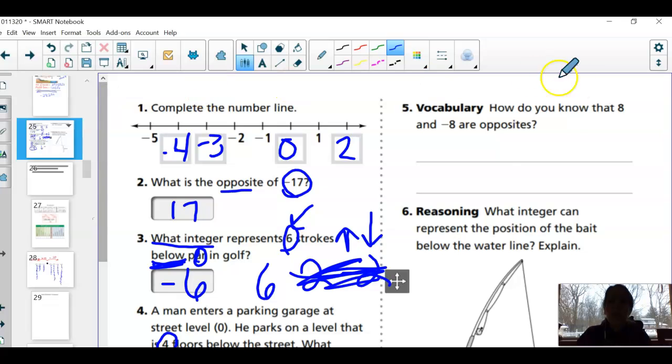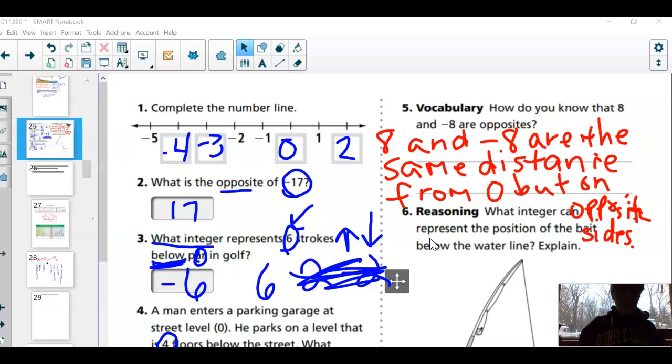Okay, try number 5. How do you know that 8 and negative 8 are opposites? ¿Cómo sabes que 8 y negativo 8 son opuestos? Write what you think in the box, and then check your answer.